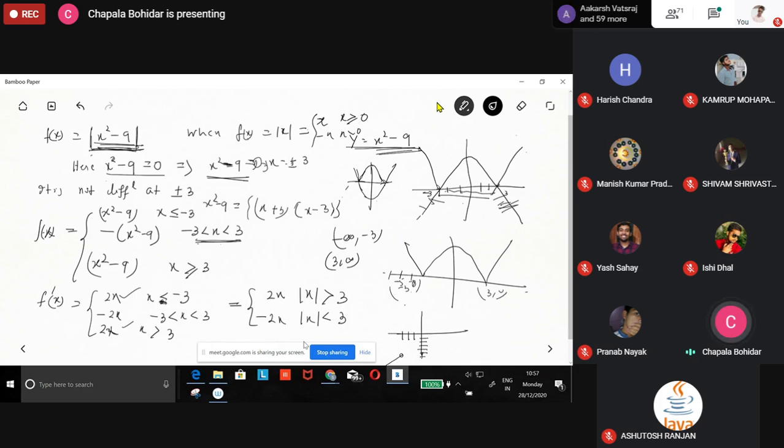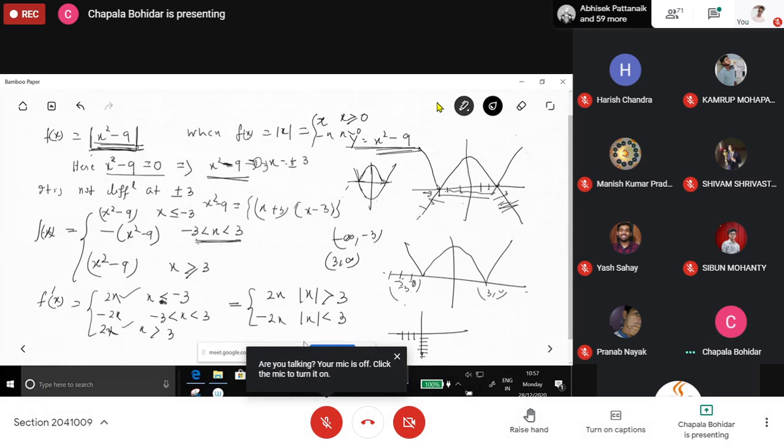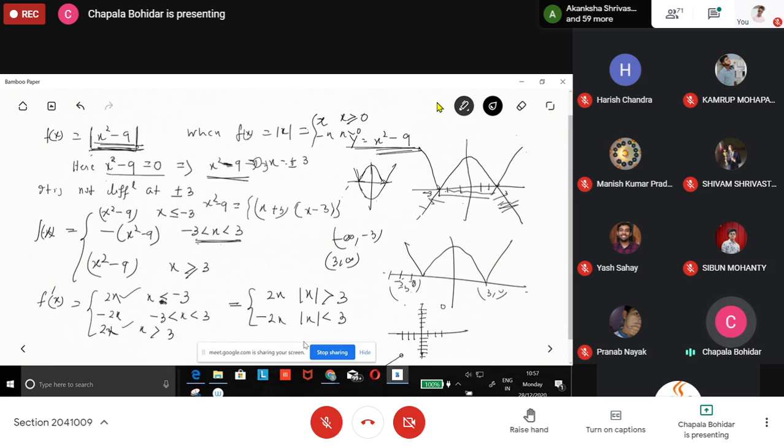Do the curve of that f dash x. Then for x greater than 3, it is 2x, so it is 6. It is open here also, because we are not including 3.